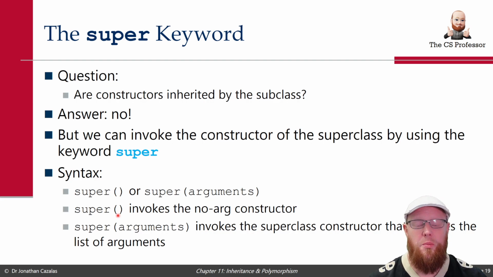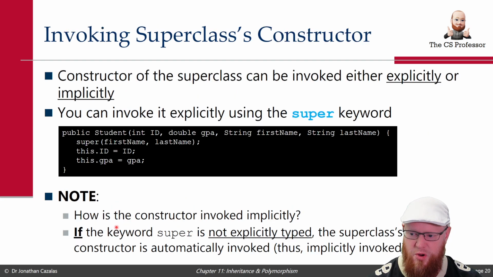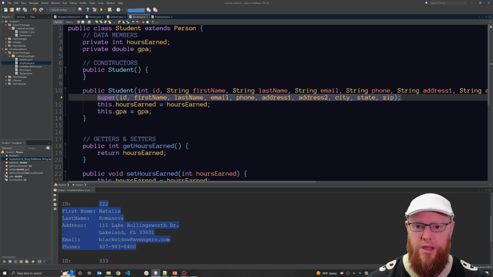Or if our parent has a constructor with multiple parameters, we would use the keyword super with a pair of parentheses, and we would send over all of those parameters. When we call this parent constructor, this superclass constructor, we can either invoke it explicitly, again, this is what we're doing here, or we could invoke it implicitly.